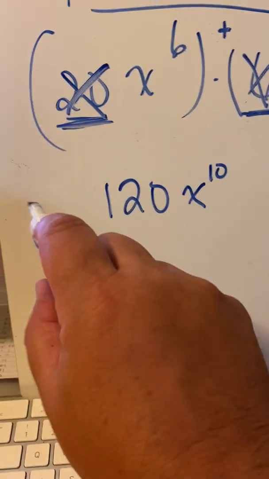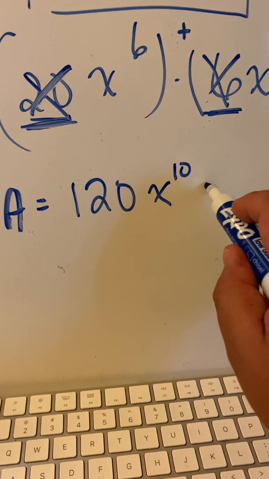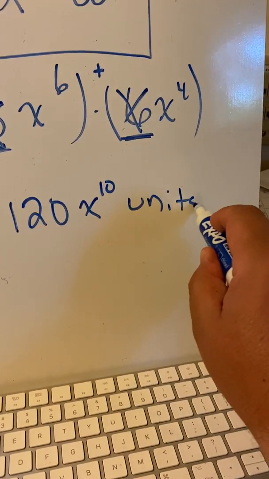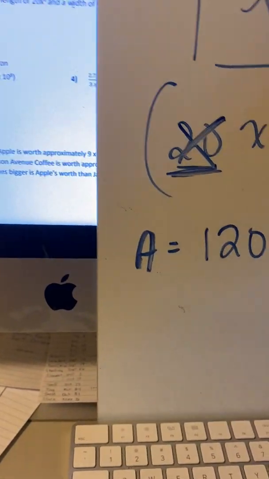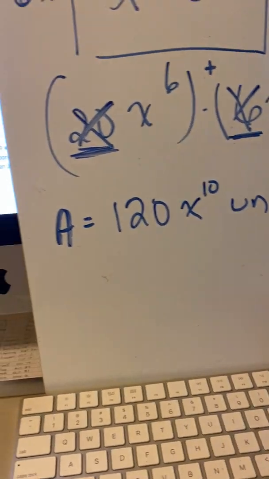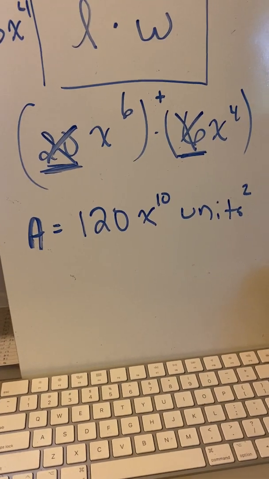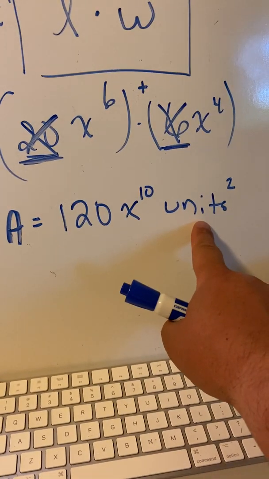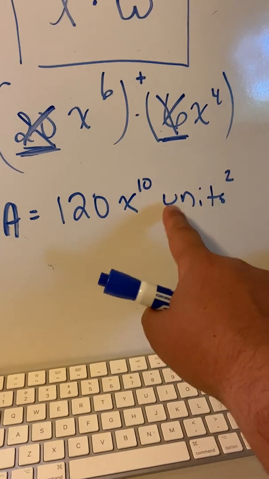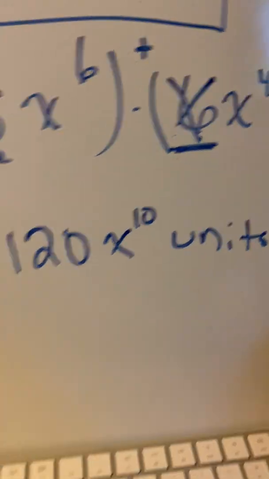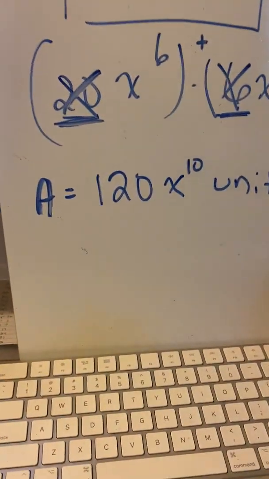That's the area, and it's in square units, because they don't tell you the measurement. They don't tell you if it's feet or inches or whatever. It would be 120x to the 10th square units. And read that correctly: it's not units squared, it's square units. So whatever the unit of measurement is, it's a square.